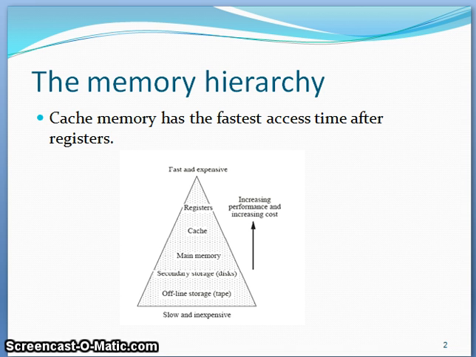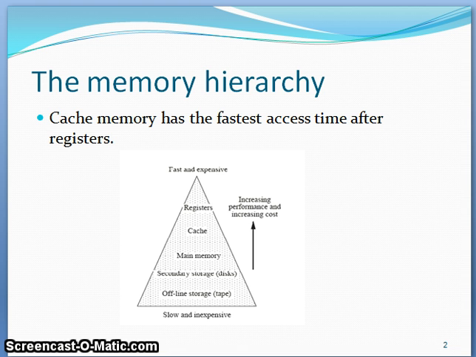Registers are part of the CPU where the data is brought during the execution of a program. Cache memory is placed in between main memory and registers. Then for permanent storage, the data is kept in secondary storage, and from there it is kept in offline storage, that is magnetic tapes.